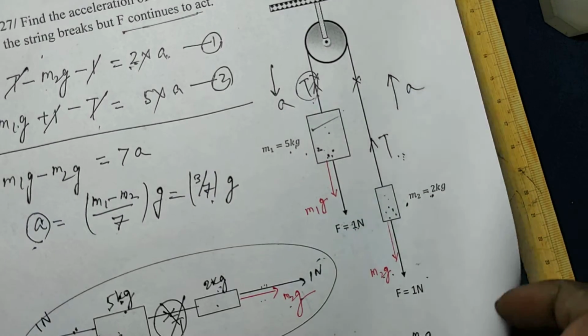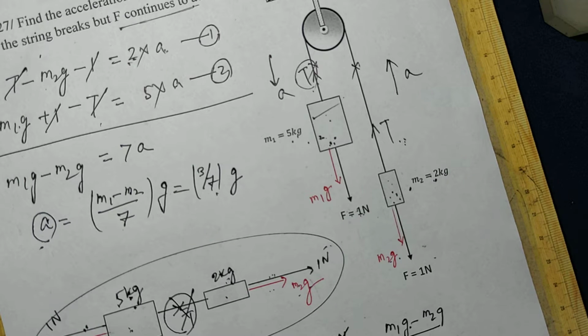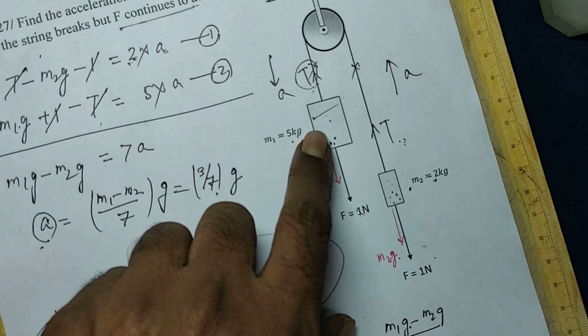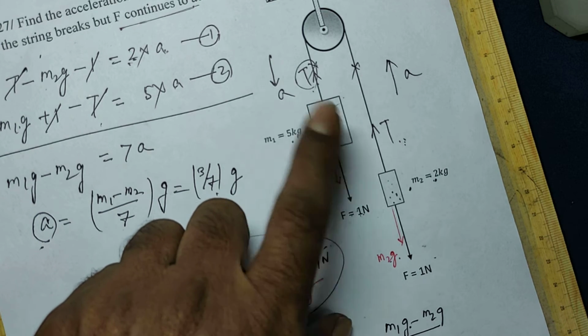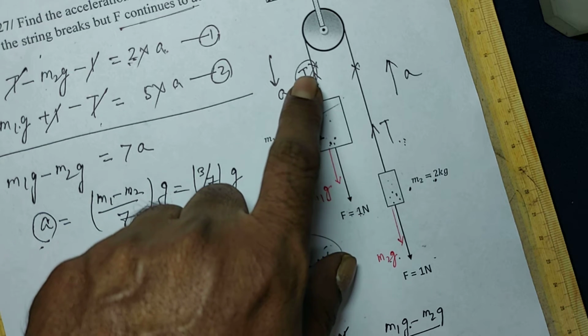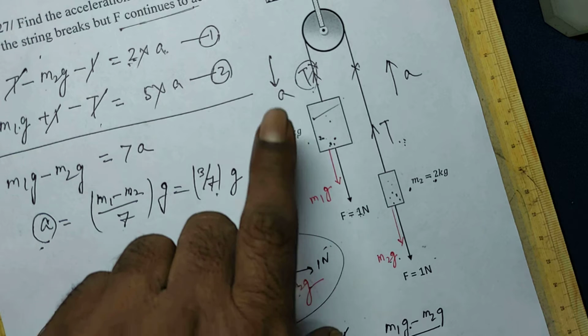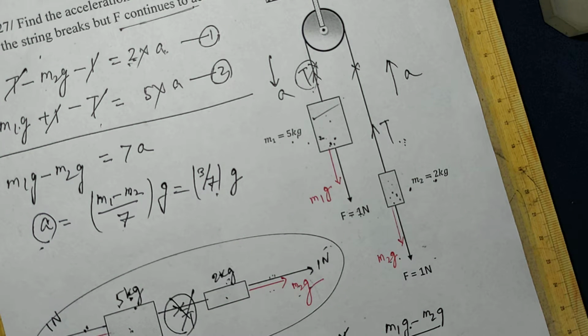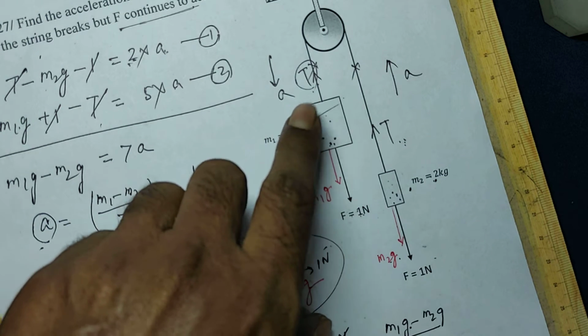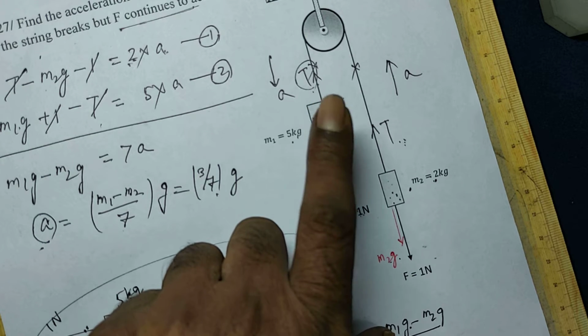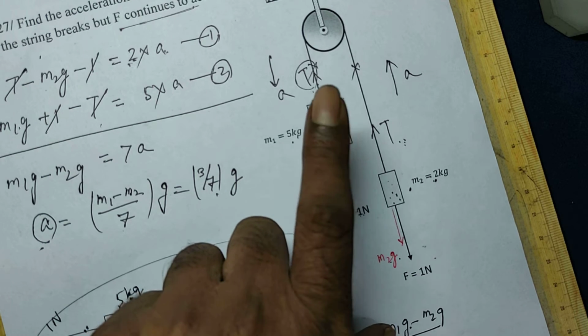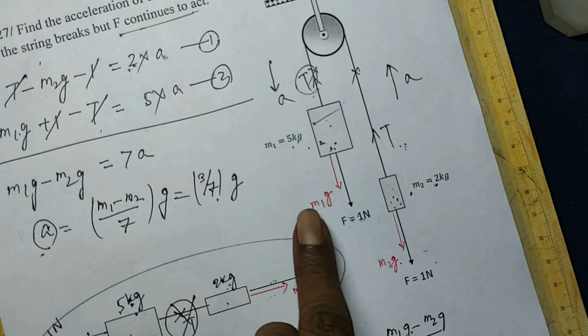So in that case, what will happen to M1? Prior to the string breaking, this was moving with acceleration. So when the string breaks, this mass will have some velocity to this side.